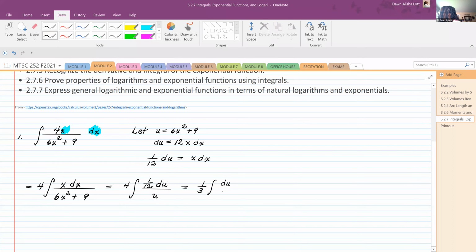Now you guys should recognize that right away. We've already done this. We actually did this section several weeks ago. What is the integral of du over u?